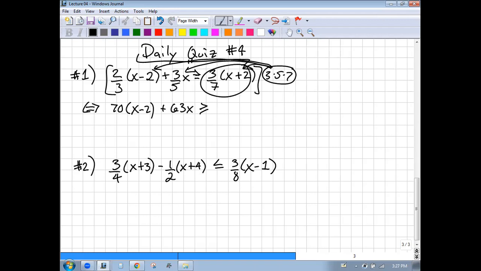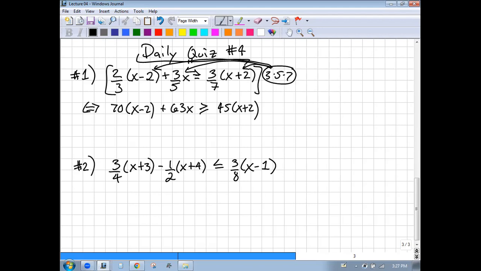Now for this guy, the 7 over 7 will go away, and I'm left with 3 times 5 times 3, or 9 times 5, which is 45. So we have big numbers now, but we don't have any fractions.